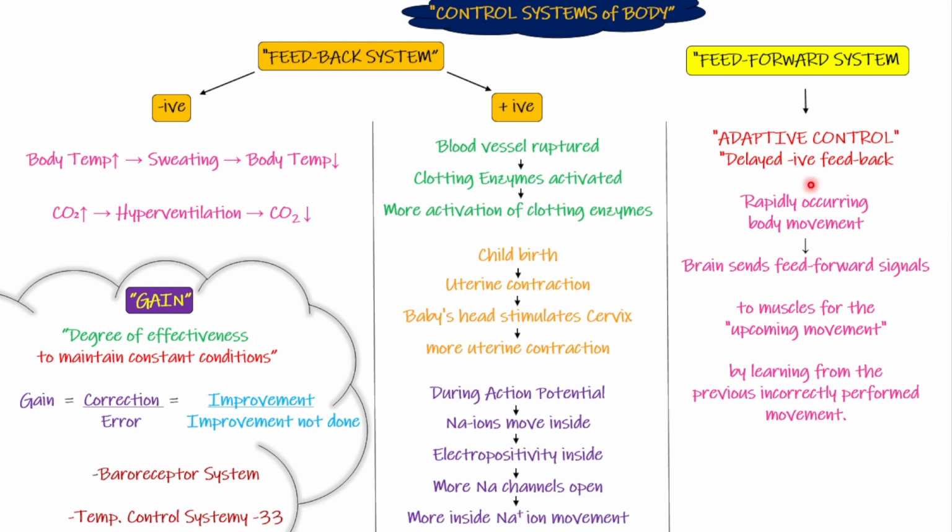One more example is given. For instance, if you are going to eat food, but before the food enters your mouth, there is production of saliva. So the food hasn't entered your mouth or your body, but the saliva is already being produced. So there isn't any change, there isn't any stimulus, but the saliva is produced.